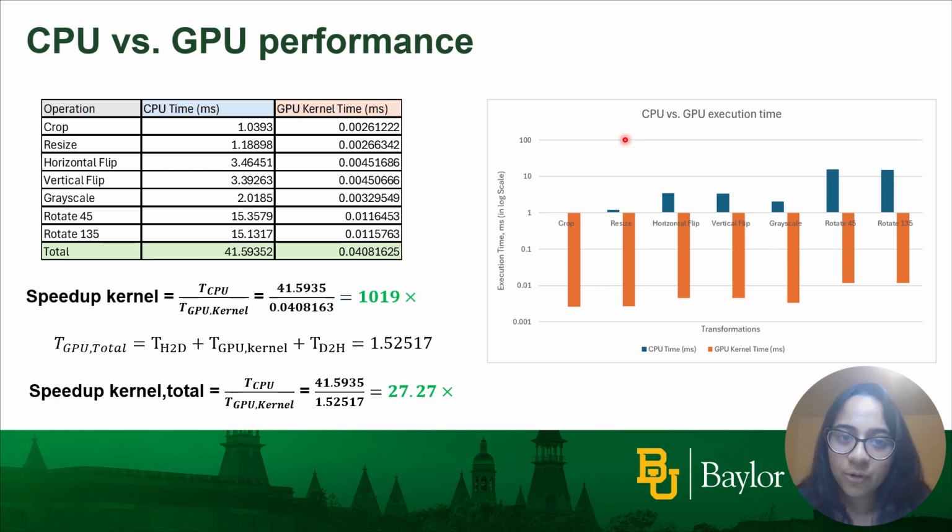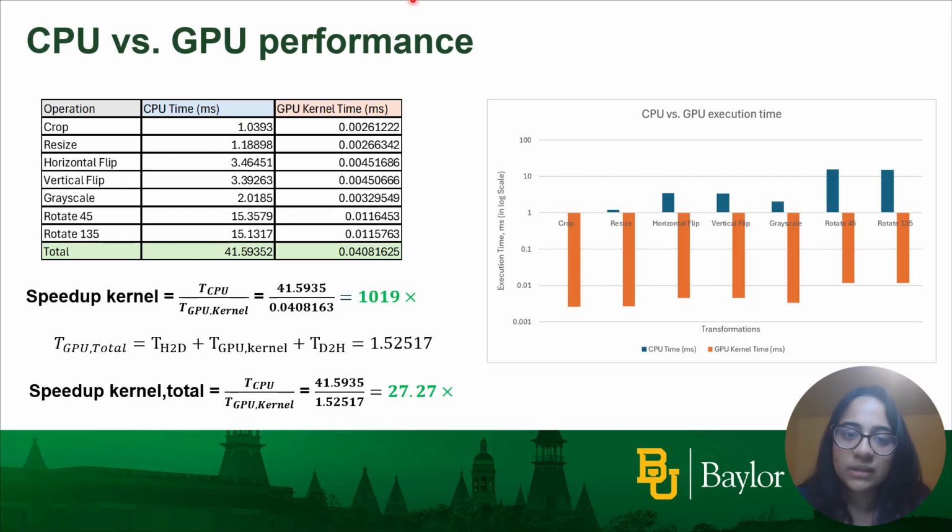So the graph here compares the CPU execution time and GPU kernel time for each transformation. The vertical axis is shown on a logarithmic scale because the difference between the CPU and GPU kernel time is very large. For all transformations, the GPU kernel time is significantly smaller than the CPU kernel time. If we look at the kernel speedup, the GPU is 1019 times faster than the CPU.